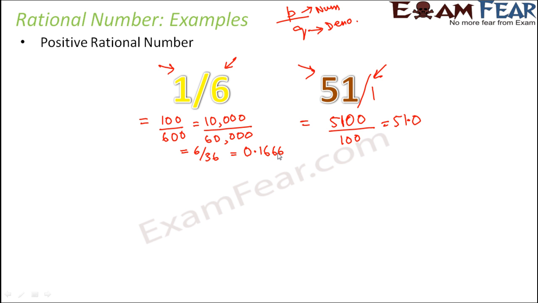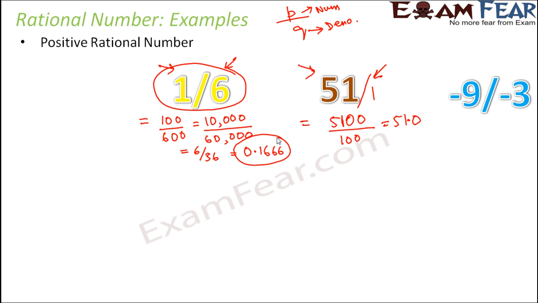So any rational number can be written in many different ways. 1 by 6 and 6 by 36 are the same thing, but these are different ways of representing them. A rational number can also be represented as a decimal number. So these are various ways by which we can represent a number.